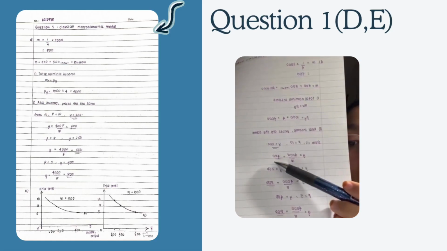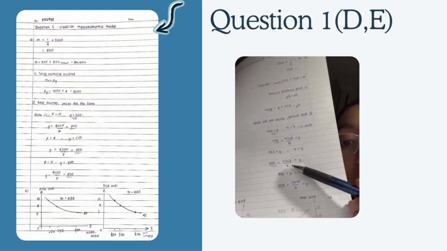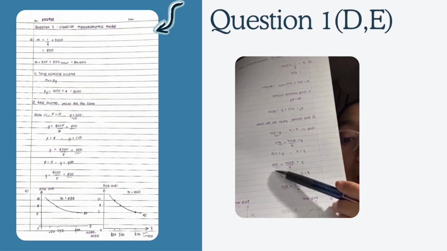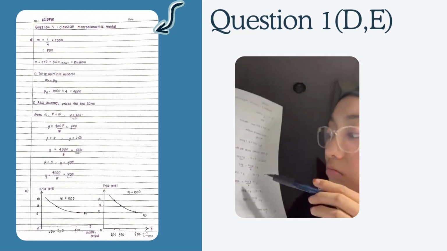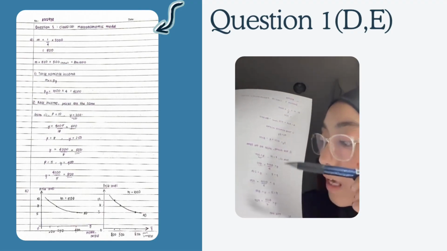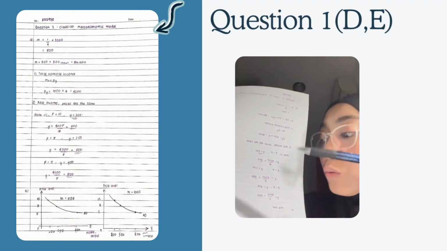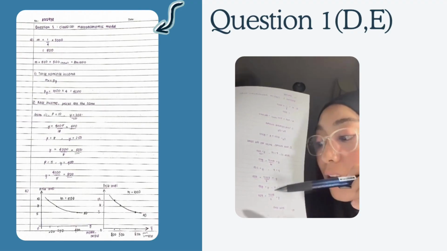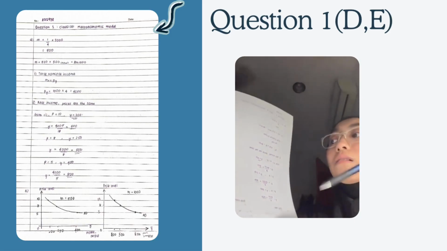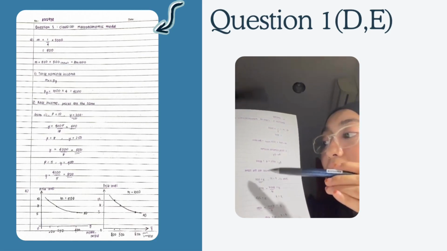Next, the price level is 8, so 4000 divided by 8 gives an output of 500. Then for a price level of 5, we divide 4000 by 5 and get an output of 800. Just use a calculator. So these are the real incomes at each price level.